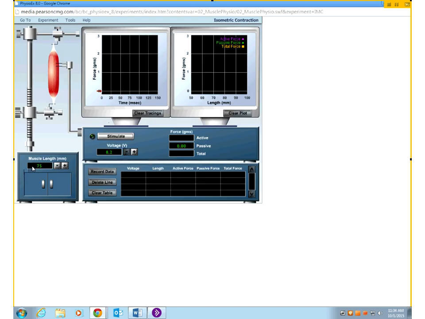All right, so notice when we have our muscle length here at 75 millimeters, and when we stimulate this, we get a nice chart or trace here. We get a beautiful trace. And what that trace is showing us is a couple of things. We're at resting potential here.